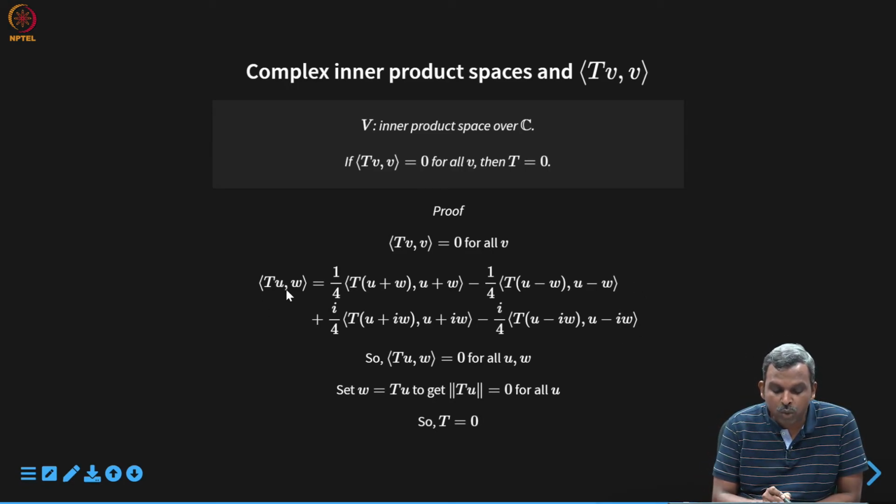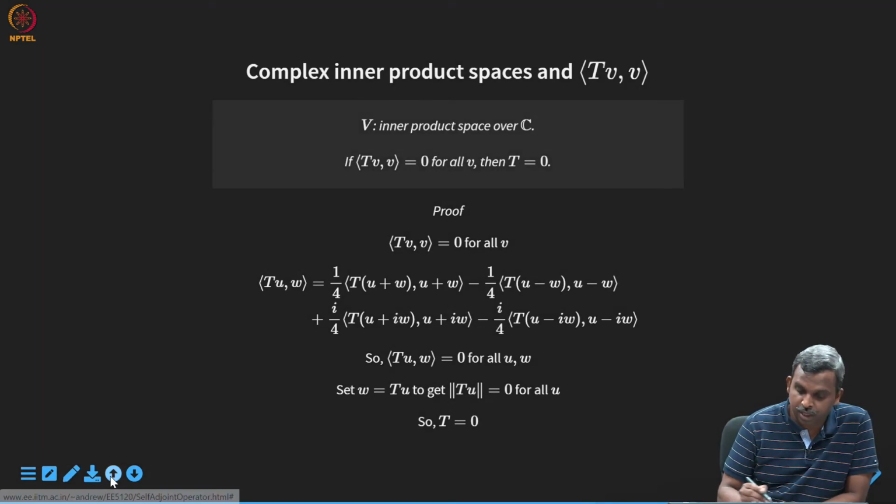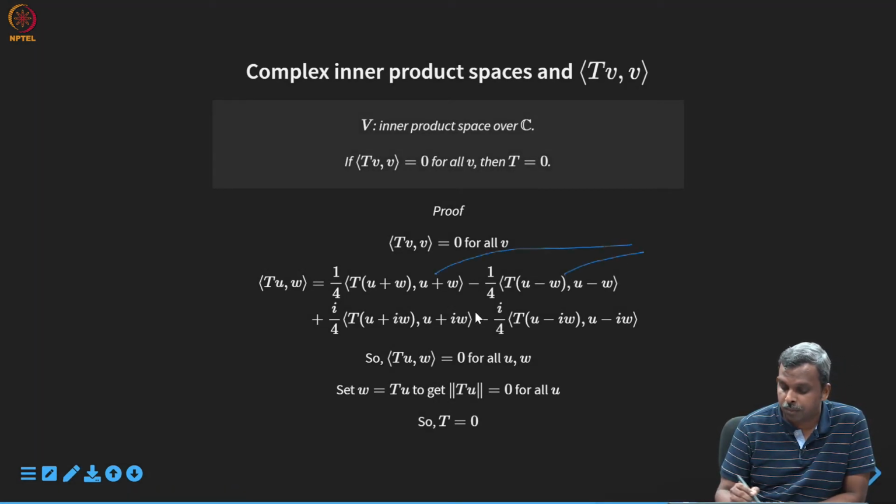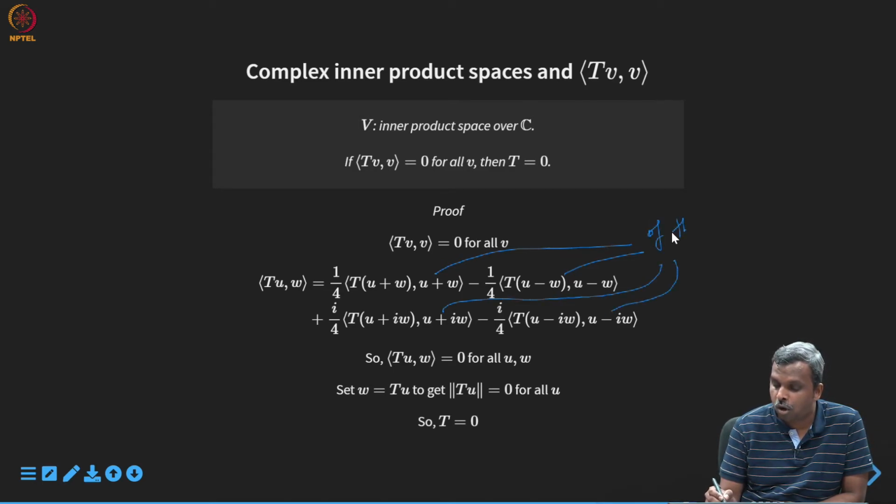It turns out Tu, w, that inner product, you can write as a linear combination of 4 other inner products. And what is special about all these 4 inner products? They are all of the form Tv, v for some v.